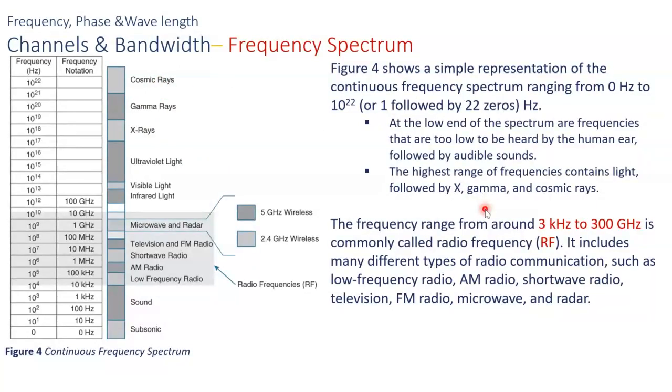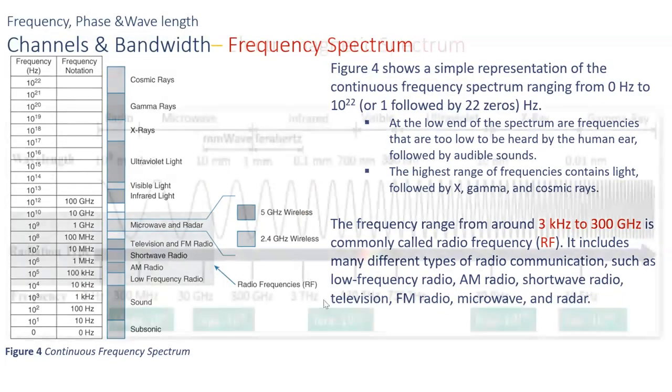The frequency range from 3 kilohertz to 300 gigahertz is called the radio frequency. It includes many different types of radio communication like AM radio, FM radio, microwave, radar, television, etc., and the wireless.